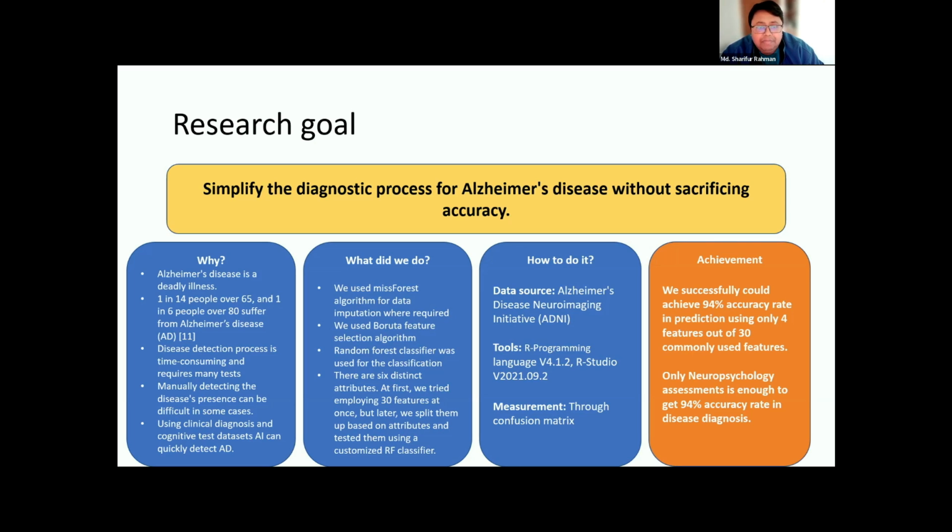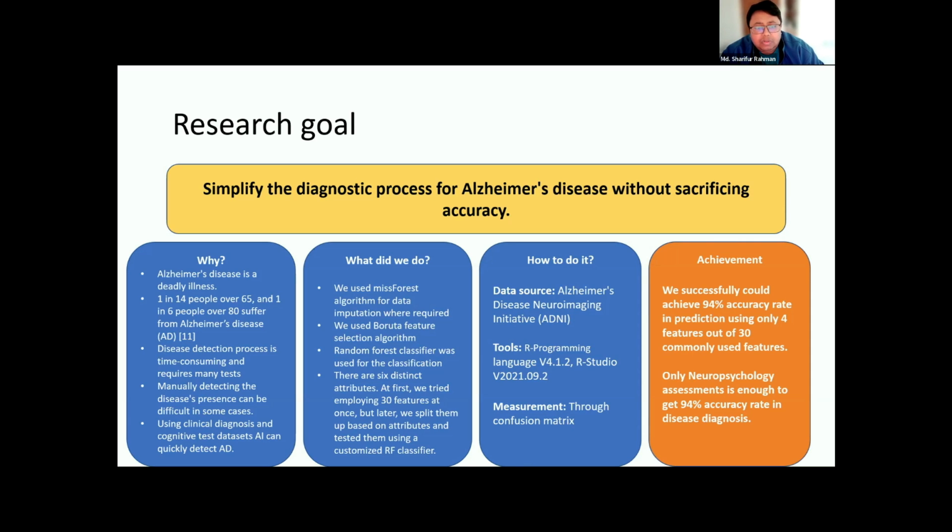We used the MissForest algorithm for the data imputation where it was required, because there was some invalid data we got. So we had to replace those data, and there were some blank data. We had to reproduce the data through some algorithm. So we used the MissForest algorithm for that.